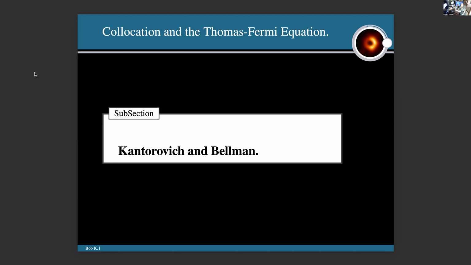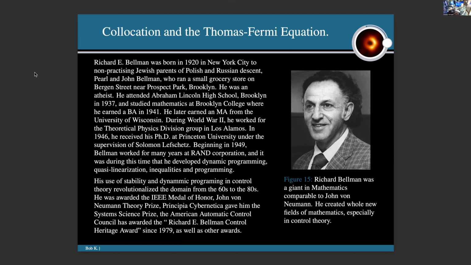So, all right. 2 interesting guys, Kantorovich and Bellman. Richard Bellman was born in 1920 in New York City, and he was of Polish-Russian descent, non-practicing Jewish parents who ran a small grocery store in Brooklyn.